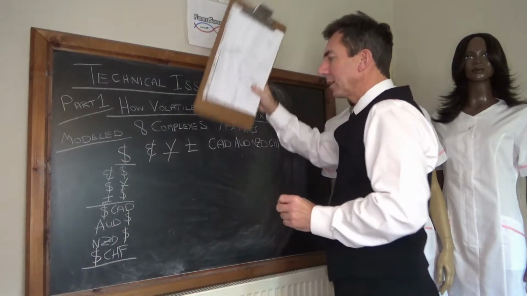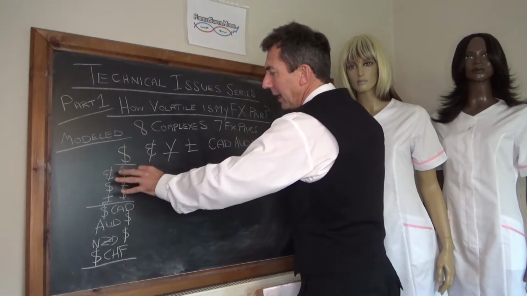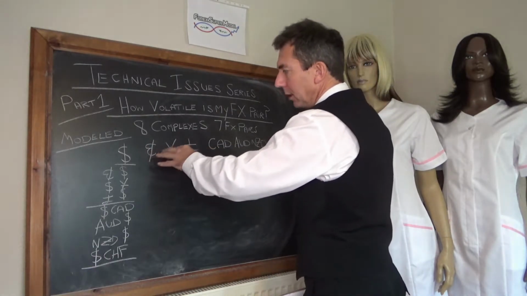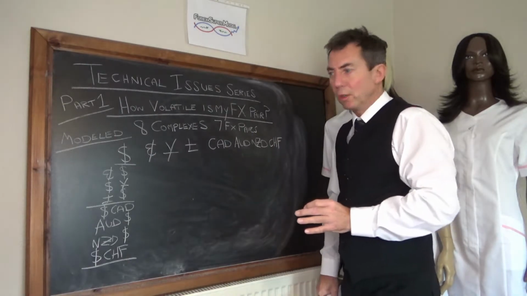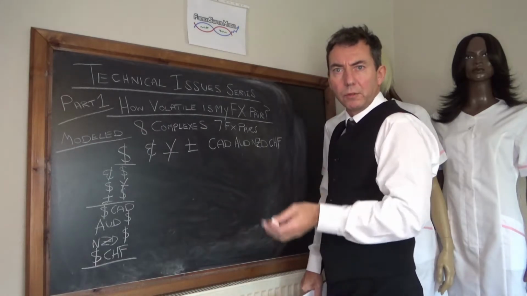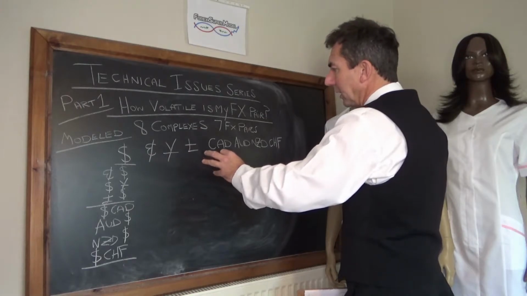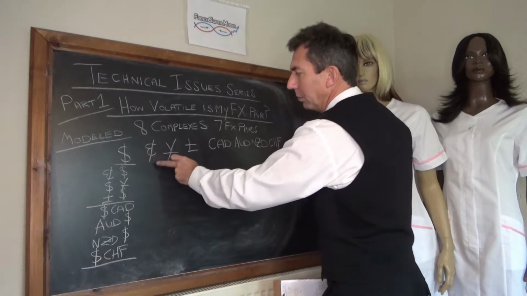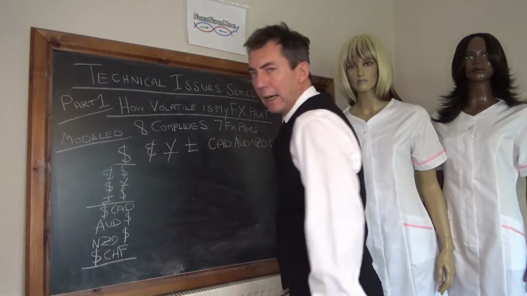in a full complex. Obviously, the dollar complex is made up of the pairs that always have the dollar in them against the rest, and the euro complex likewise would be euro with the other currencies. So you've always got 7 pairs in each complex if you're looking at full complexes, and because of the duplication, for example, the euro dollar will appear in the euro complex as well as the dollar complex. It's just the other side of the pair.